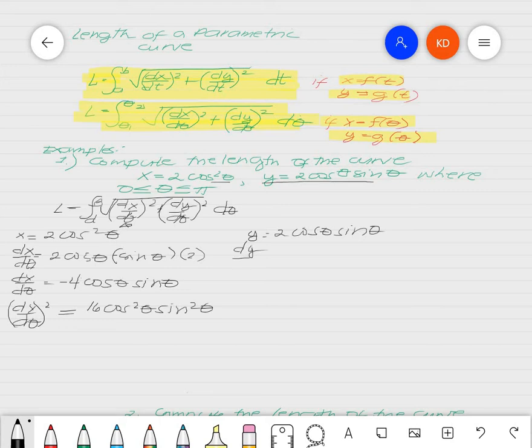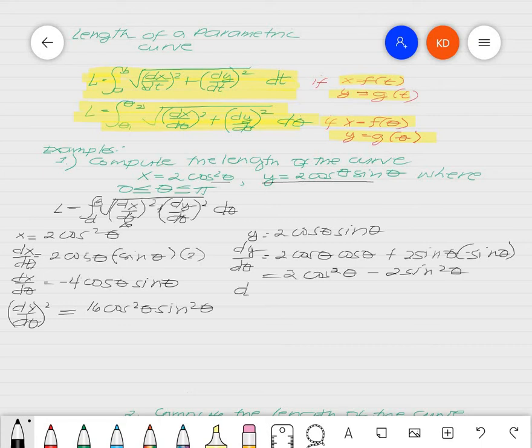So dy over d theta is equal to 2 cosine theta times the derivative of sine, which is cosine theta, plus 2 sine theta times the derivative of cosine, which is negative sine theta. Simplifying, we have 2 cosine squared theta minus 2 sine squared theta.